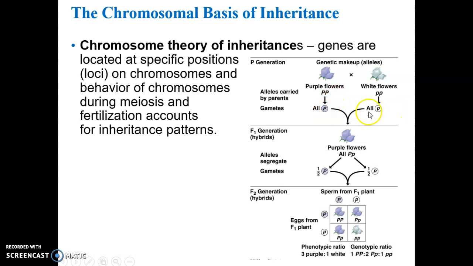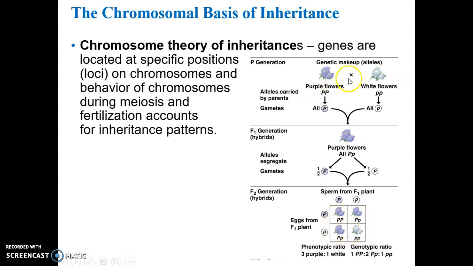The alleles get passed on, the genes get passed on with the chromosomes, and that determines the genetics of the F1 generation. If you do an F1 cross, their alleles get passed on through the gametes to the next generation, and the genetic makeup of the offspring, the genotype, determines their coloration, the phenotype.